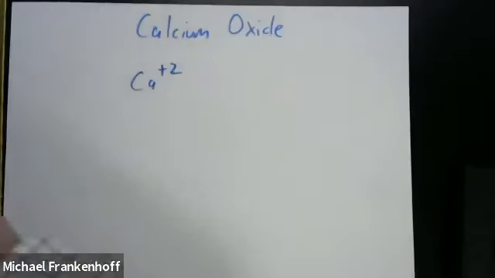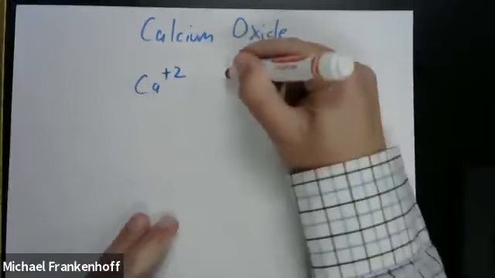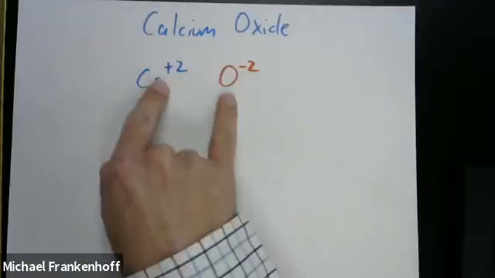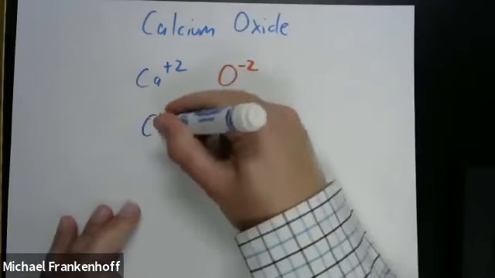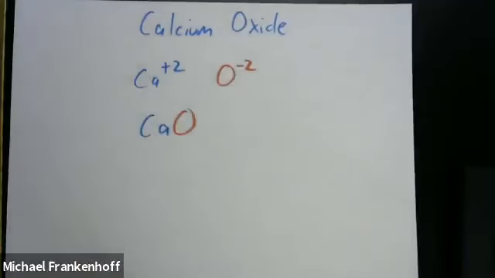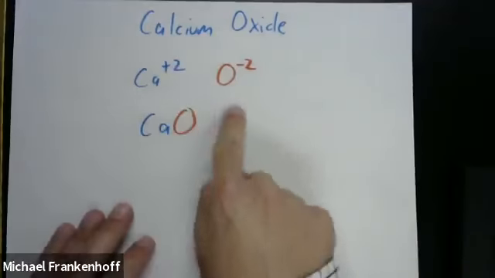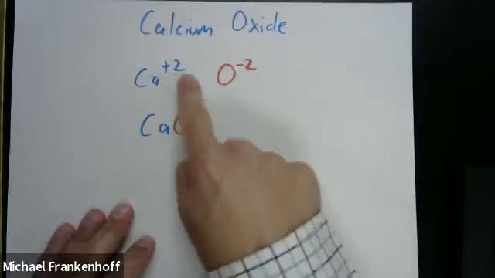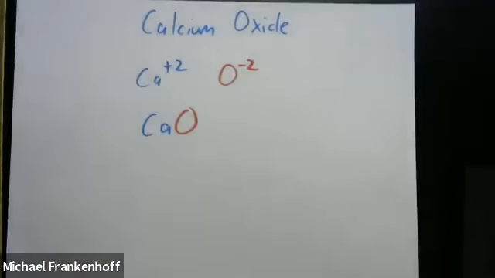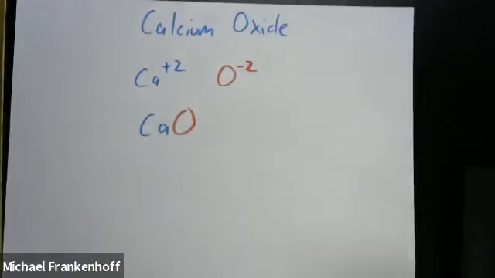Calcium is +2, and oxygen is -2. So you can see they're already balanced. They're already happy. So they will actually just look like this for their chemical formula, CaO. So this is one case where that crossing down doesn't work. But if you want to think of it as a fraction, then you can just reduce 2/2 down to 1. So that is examples of writing ionic compounds.